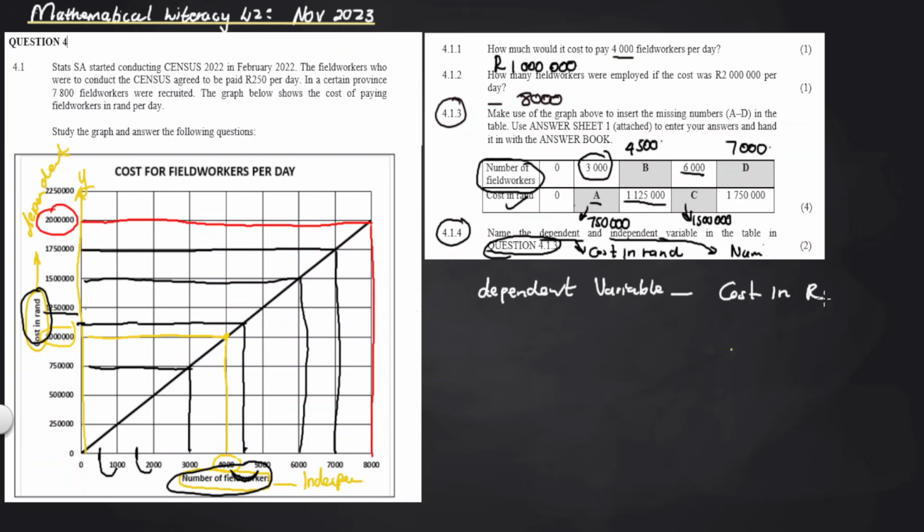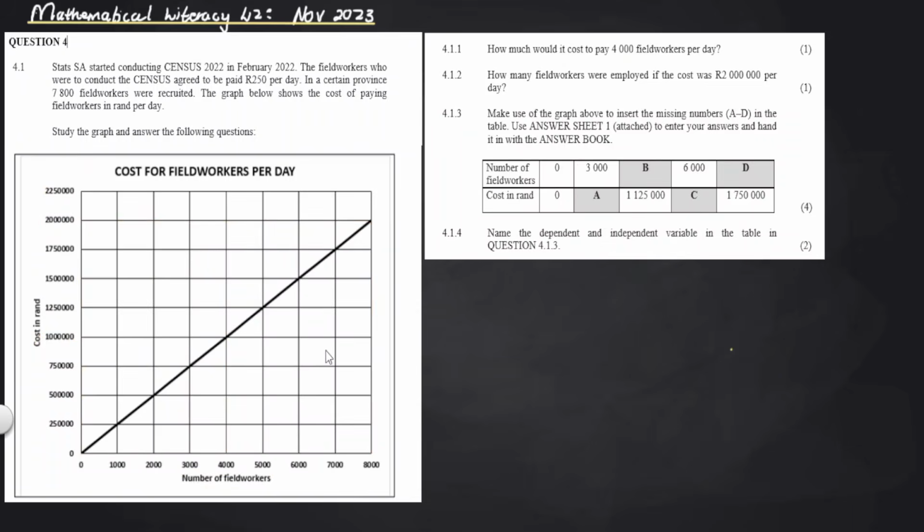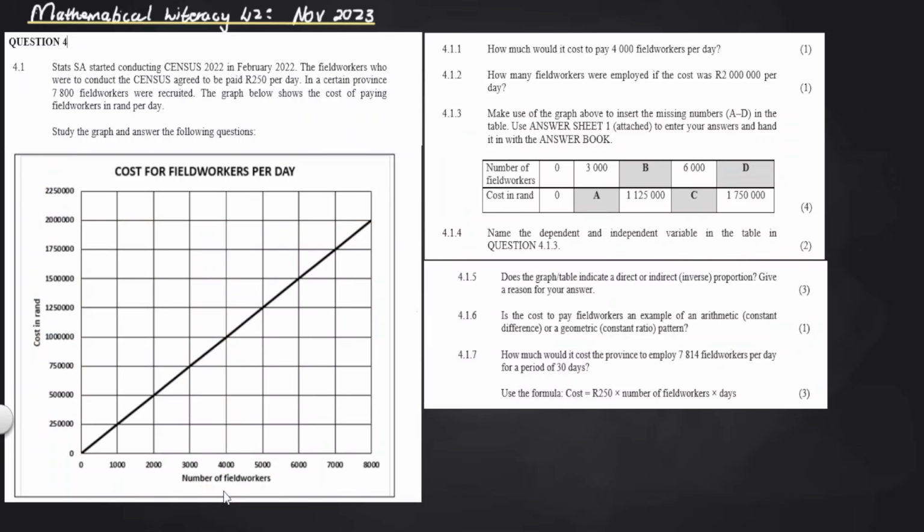The independent variable is gonna be the number of field workers. So that's 4.1.4. Okay. I'm gonna erase this and then insert the next part of our questions.